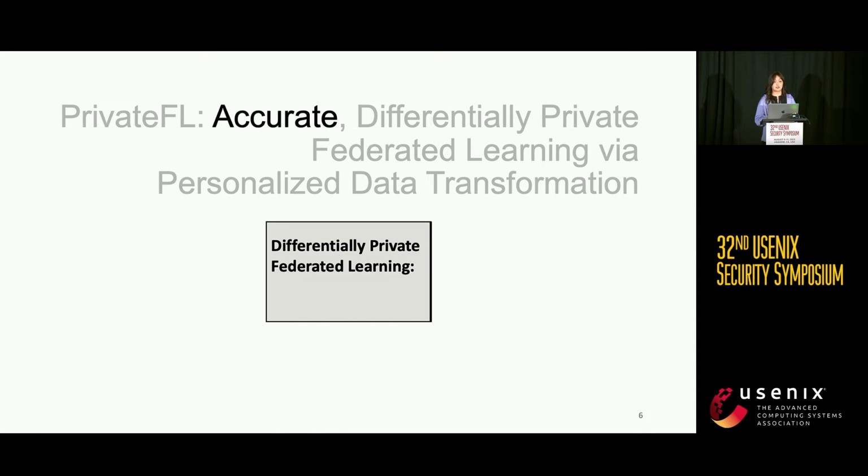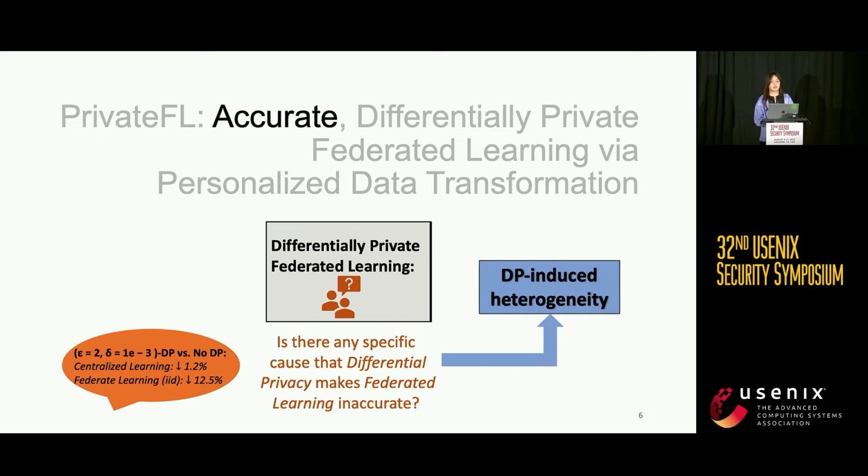When we combine them, one interesting finding is that although the data is IID for federated learning, when we add differential privacy to federated learning, the accuracy degradation is much more severe than when we add differential privacy to centralized learning. Why does that happen? We find that it is because differential privacy introduces additional heterogeneity to federated learning.